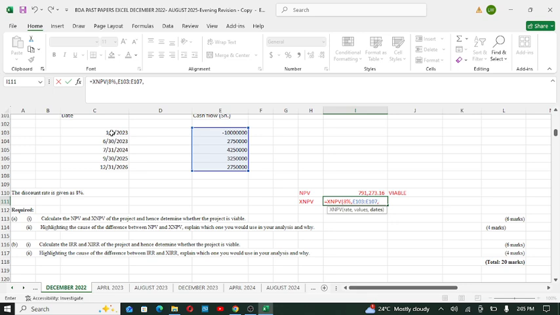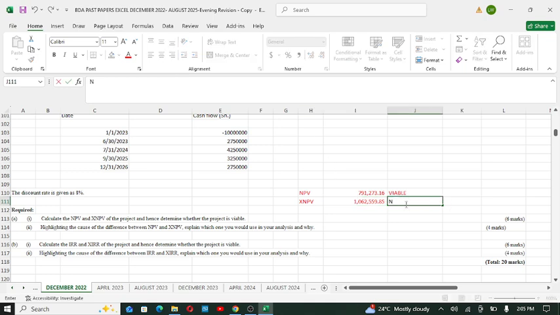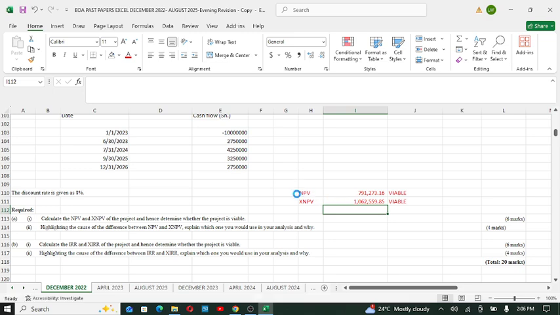Highlight all the dates. Don't waste your time having a closing bracket. Click there. You can round off to 2 decimal places. So is it viable or not? It is viable because it is positive. So this was part Roman 1 of the question.